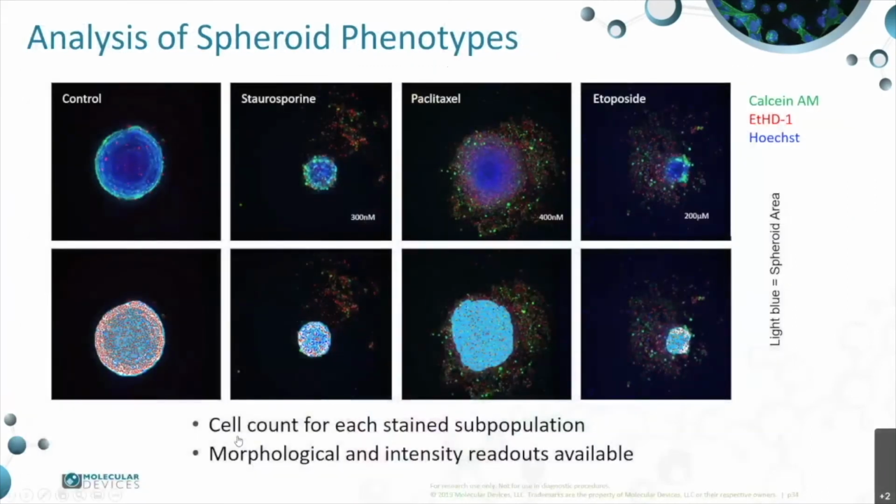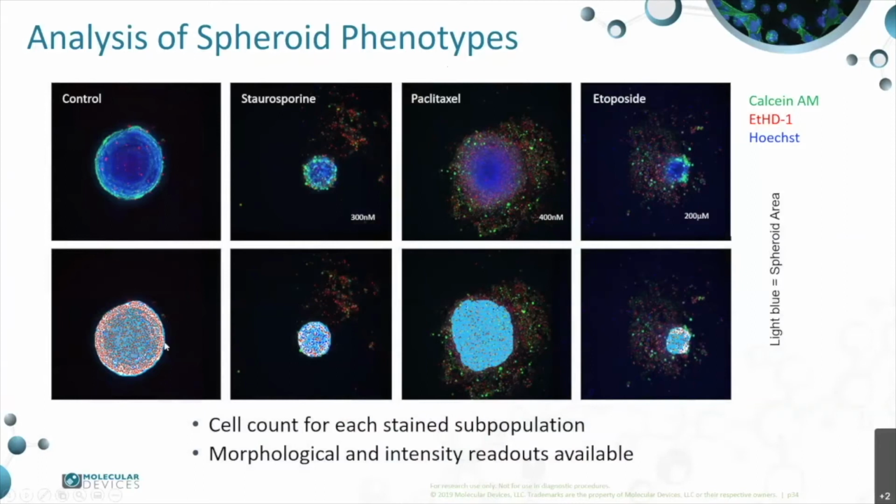So in this example, you can see a projection image of a control spheroid and also spheroids treated with different compounds. So you can see dramatic phenotypic changes in biology. You can see this spheroid is shrunk, and in another example, you can see cell death or dissipation of the spheroid, and you can analyze all of these changes and also describe them using software.